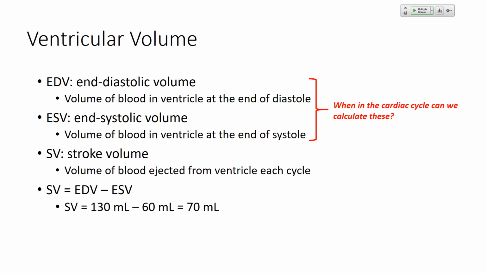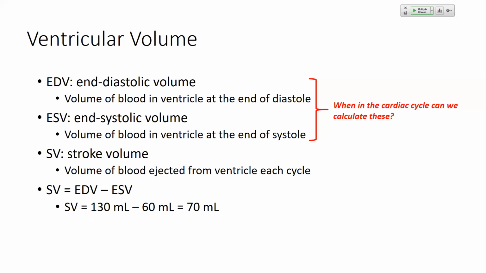Now, we can easily measure how much blood was actually ejected by measuring those two volumes without physically going into the vessel and seeing how much blood is ejected. And so if we have the end diastolic volume and the end systolic volume, we can arrive at the stroke volume. So the stroke volume is how much blood was actually squeezed from that chamber.